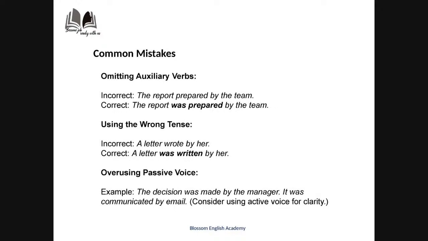Again, it doesn't make sense. It looks like an active voice in the first half and passive voice by her in the second half, which is again wrong. So a letter was written by her, and passive voice would always have the past participle form of the verb, which is was written.